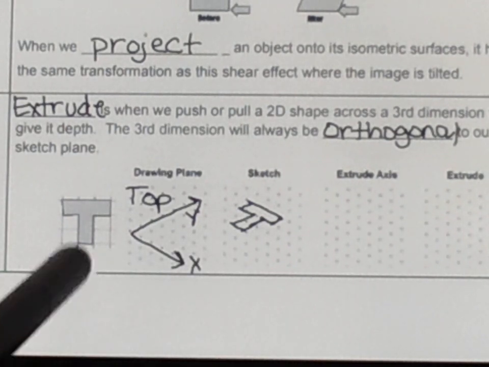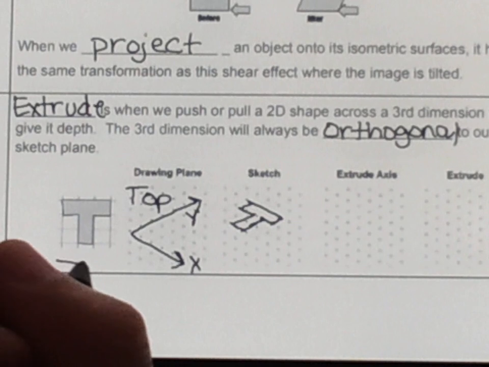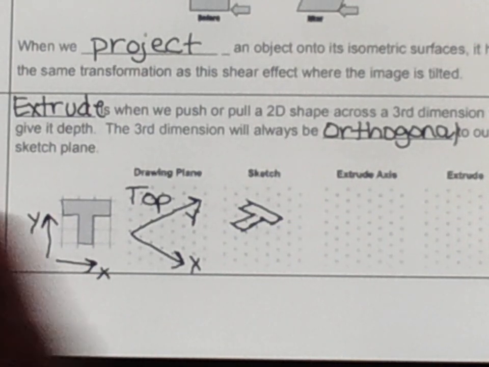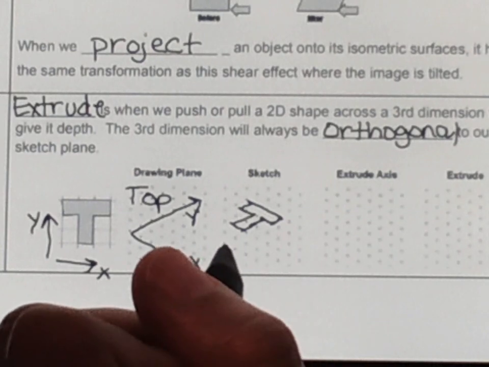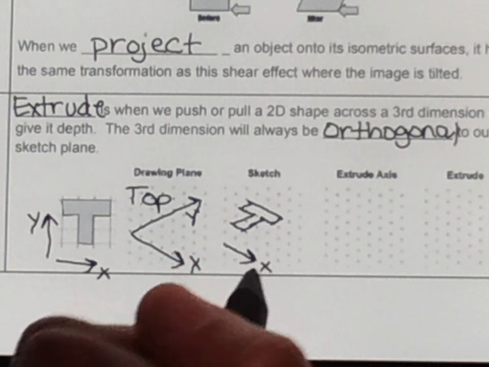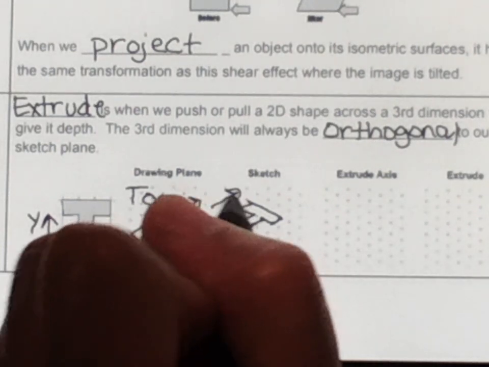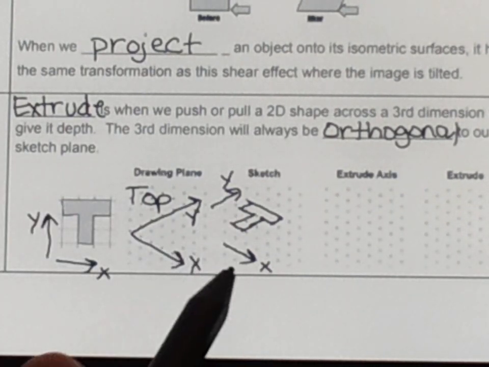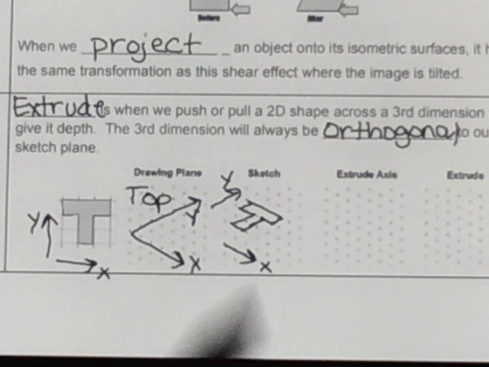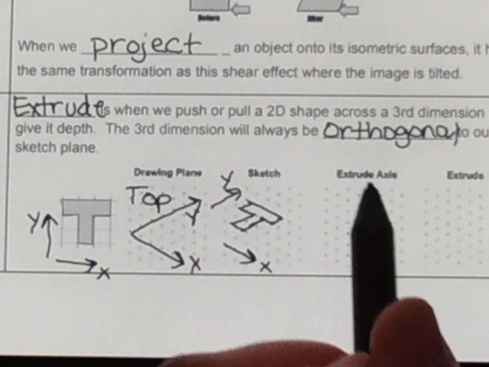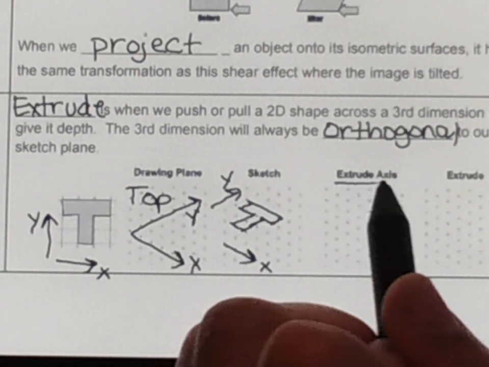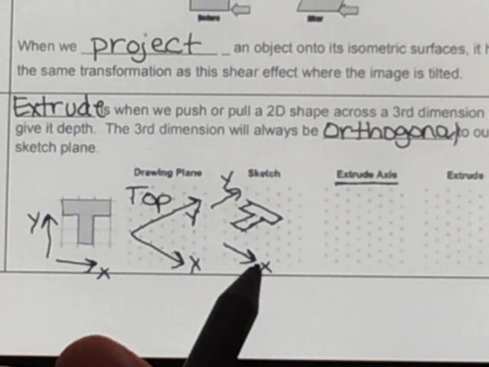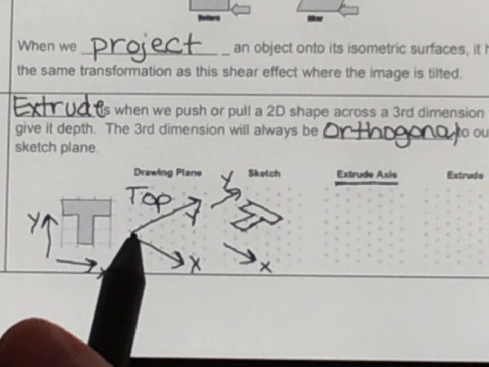Let me redraw this XY because on here it is X and Y, but over here X became this way and Y became that way. So we're still drawing the shape along XY, it just looks different now that it's an isometric. Okay, the next step is extruding, and our extrusion has to be orthogonal to our sketch plane.